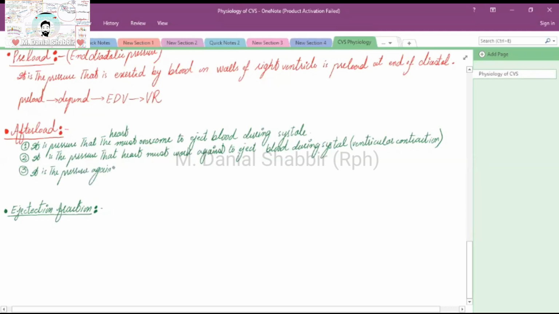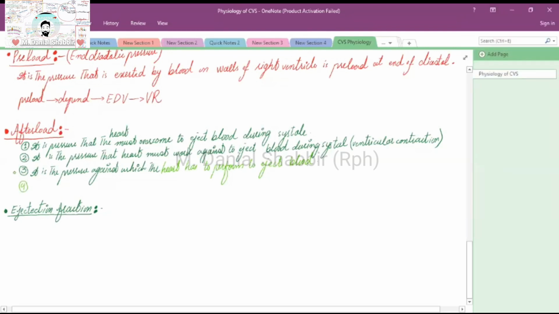It is the pressure against which the heart has to perform to eject blood. There is another definition, the fourth one.